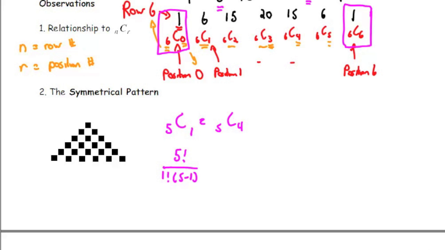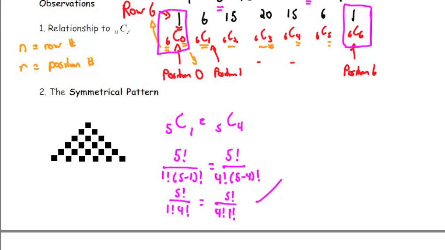This is 5 factorial over 1 factorial times (5 minus 1) factorial. And that's supposed to be equal to 5 factorial over 4 factorial times (5 minus 4) factorial. Remember, we've already defined this equation in a previous lesson. If we simplify this now, we end up with 5 factorial over 1 factorial 4 factorial is equal to 5 factorial over 4 factorial 1 factorial. Well, that's just the same number.